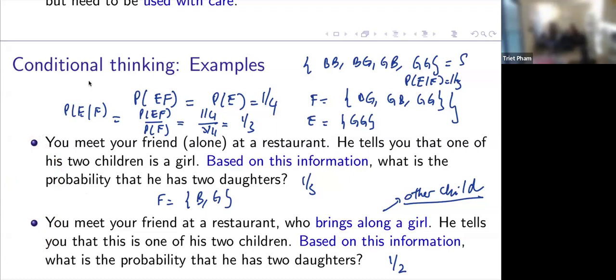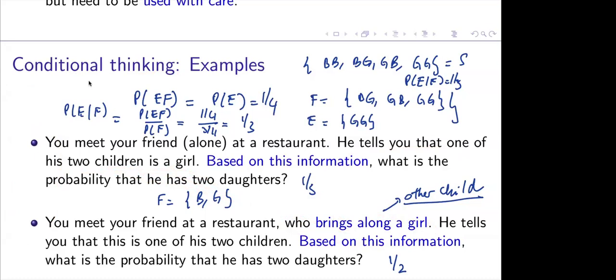In contrast, I want to show you that conditional thinking, while a powerful tool, is tricky business because you have to use just the right amount of information that you know, not more, not less. And sometimes the information of having a girl brought along, or being told that one of the children is a girl, makes a big difference. It's not the same kind of information.